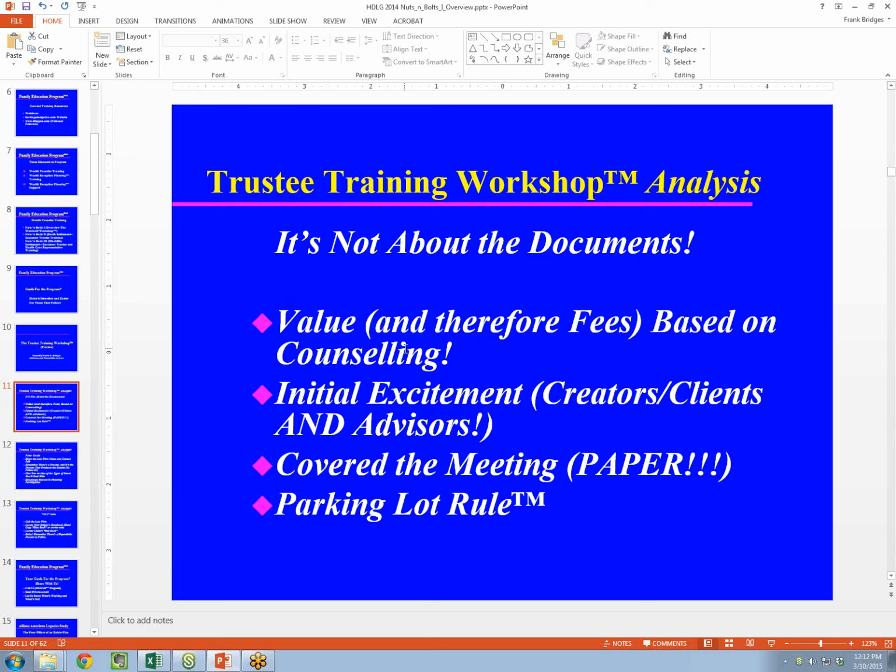What we mean is that although there are documents and there are instructions in the documents, it's really all about what people actually do. And so the primary purpose for the training is to help people understand what exactly happens and what they will be doing. It's really not about the documents themselves.